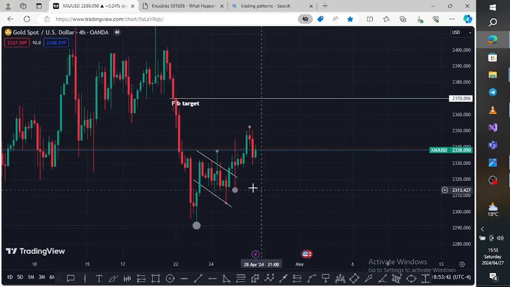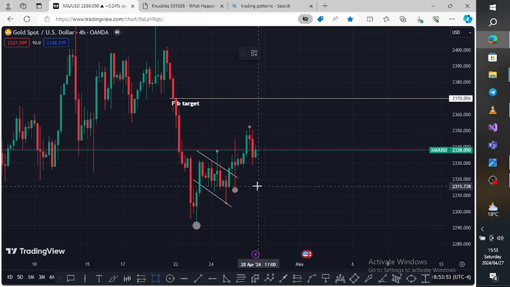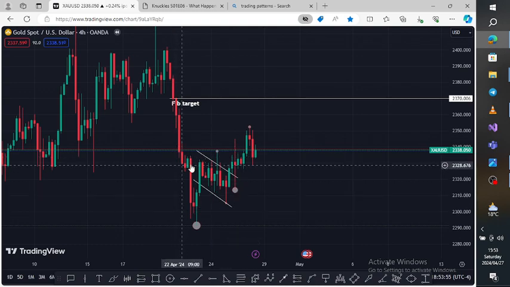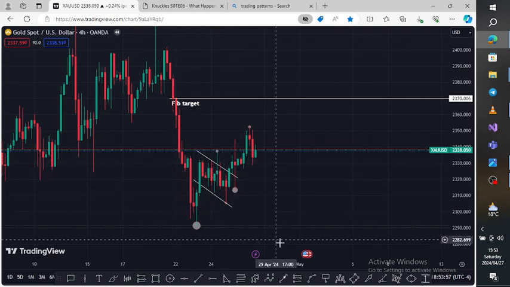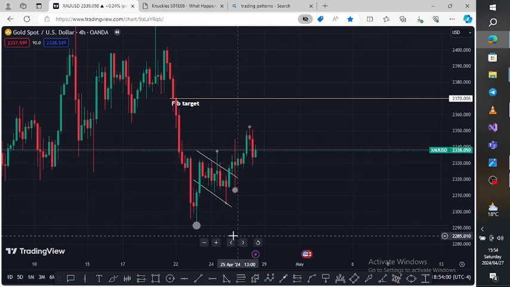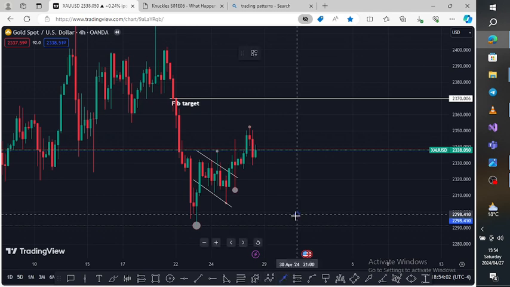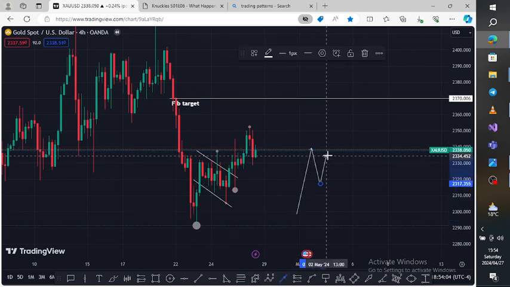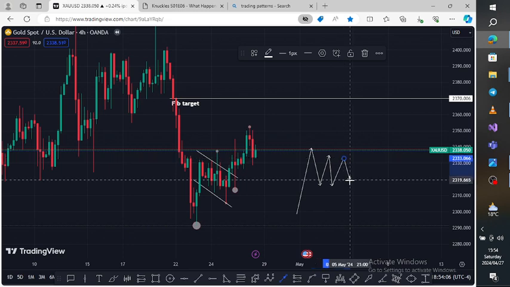So I did say that now from this area I also had to use another principle that I use to identify entries and all of that. From this kind of structure of the bullish flag, you must understand that a bullish flag in most cases gives us something of this nature.